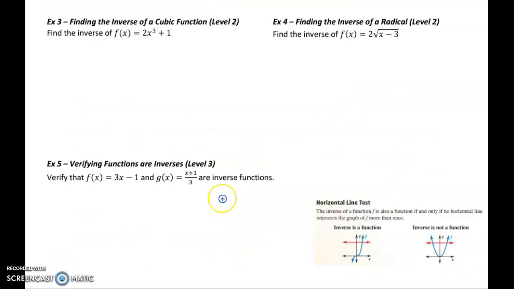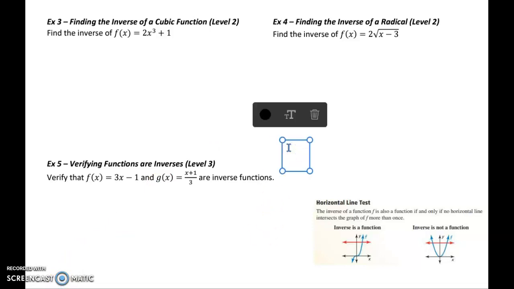Okay, the last part is verifying when functions are inverses. So when functions are inverses, it means that they undo each other. And this means that if f of g of x equals x, they would completely undo each other because they're reflecting over the line y equals x.